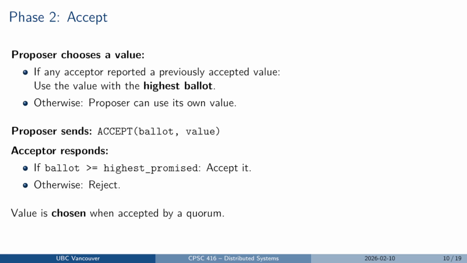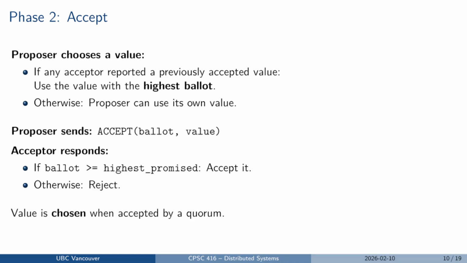So, he gets back these accepts from people, and what he looks at is, if anybody says they've already accepted a previous value, then that's the value with the highest ballot number. Right, because the accepts come back with the highest value I've seen. Or the value of the highest ballot I've seen. That's correct.